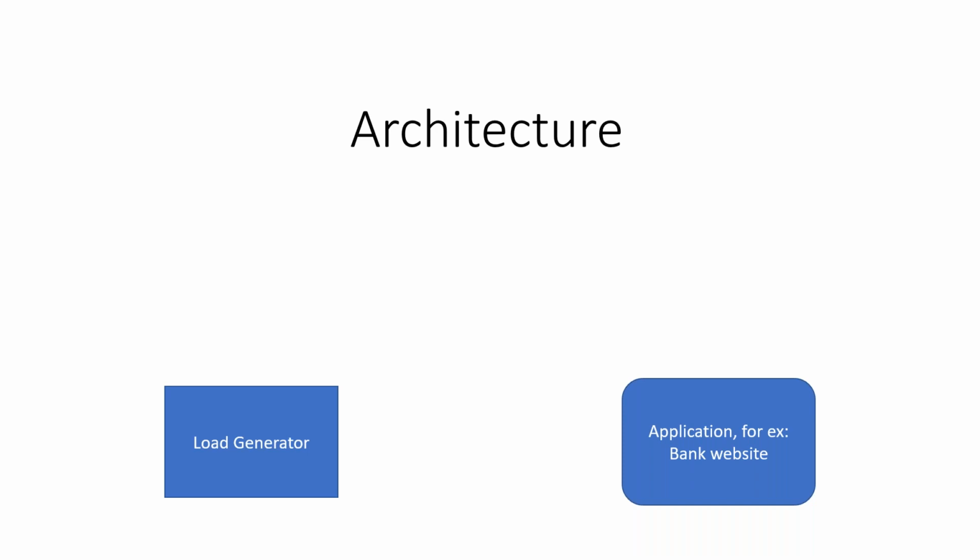If you want to check the performance of any application for 1,000 users, the load generator will simulate users for us and generate virtual users for performance testing. All these virtual users will emulate real user behavior only.